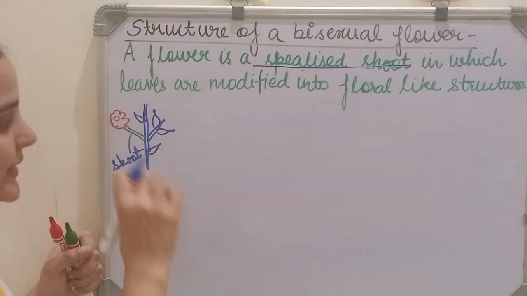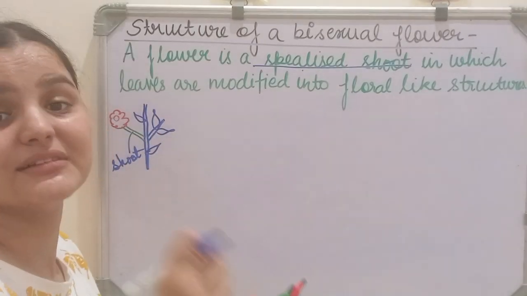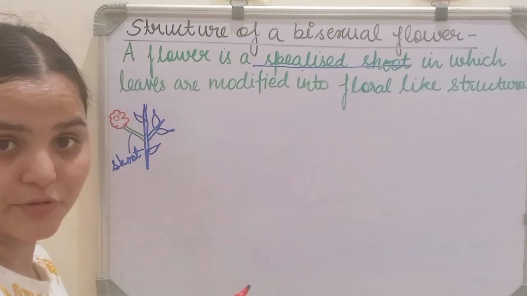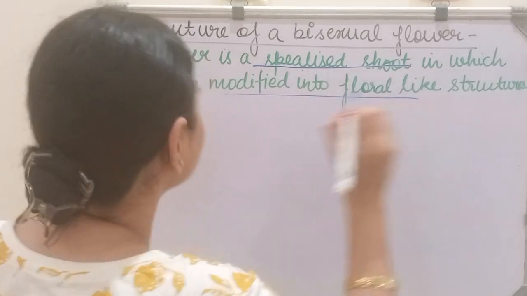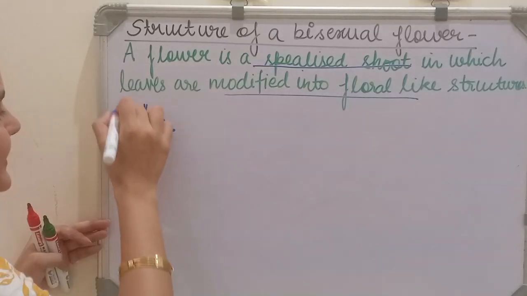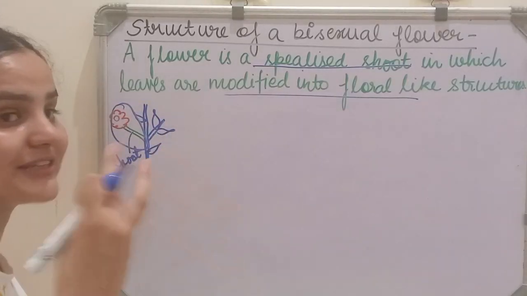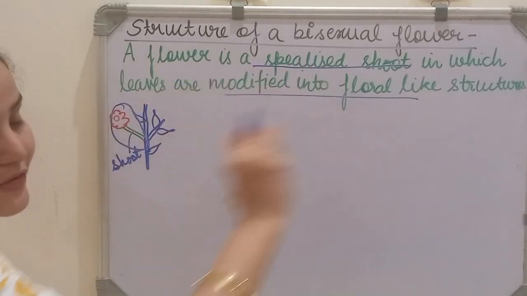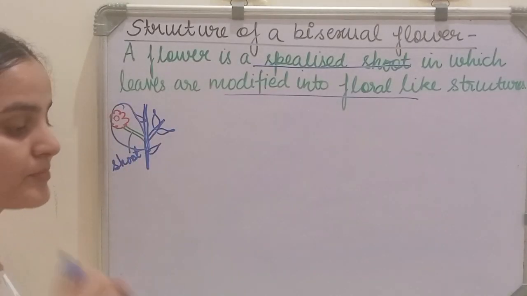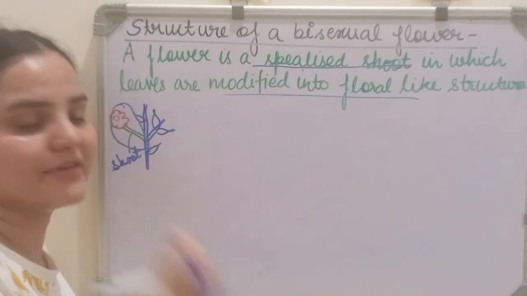Whatever leaves are there, they form floral structures like sepals, petals, female reproductive part, male reproductive part. So here there are normal leaves, but in case of this flower, the leaves are modified into sepals, petals and all such structures. So I hope this definition of flower is clear. Now let's draw the diagram of flower and understand it very simply.